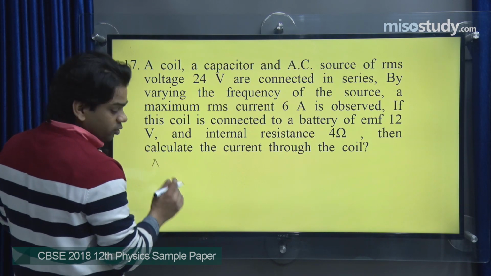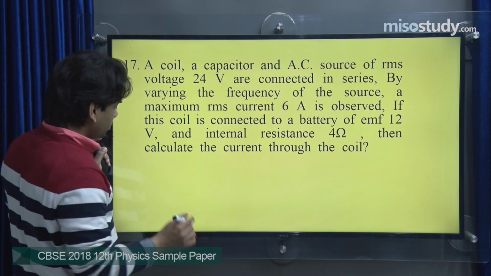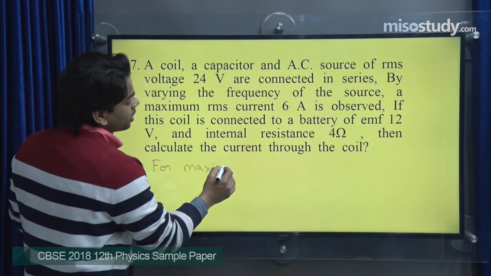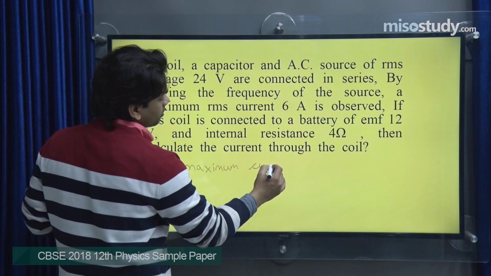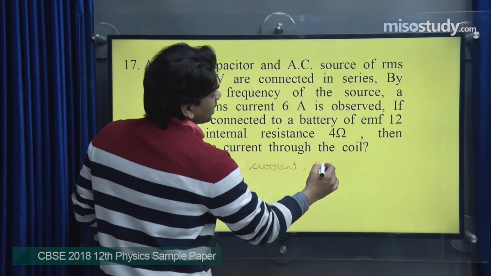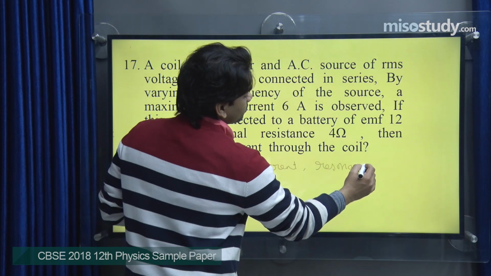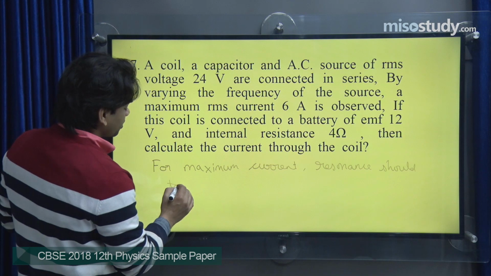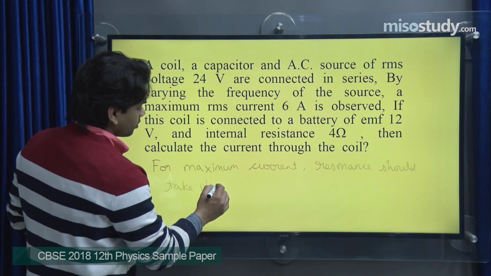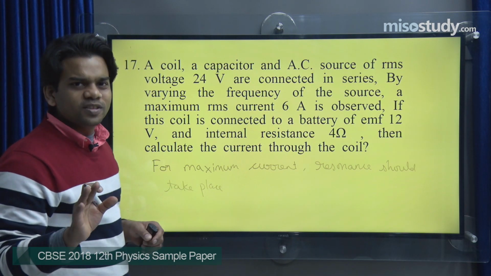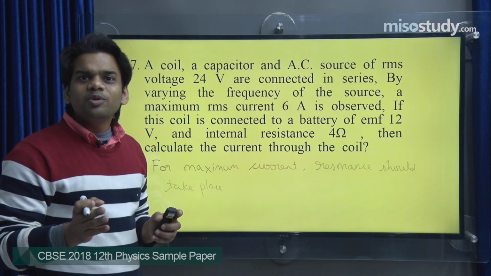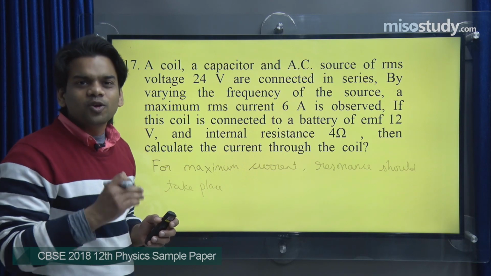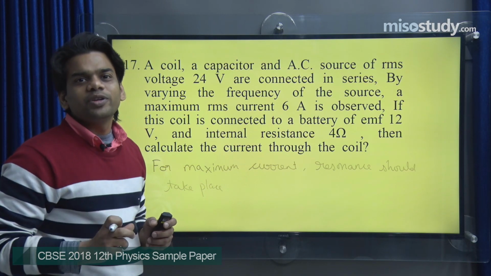So for maximum current, resonance should take place. Now when resonance takes place, that means the coil and capacitor are of no use in the circuit, and the only usage will be of the resistance. Here again, think like in the previous question, the coil has some resistance, so we are going to derive the resistance.